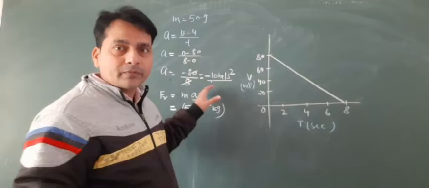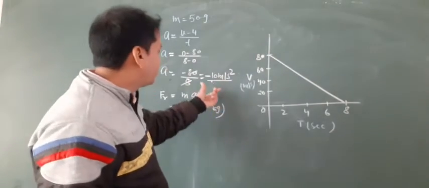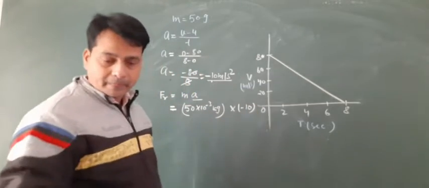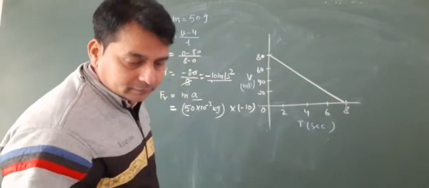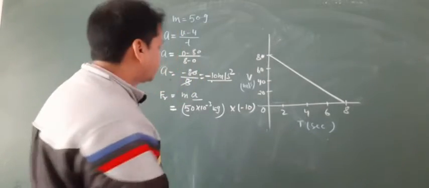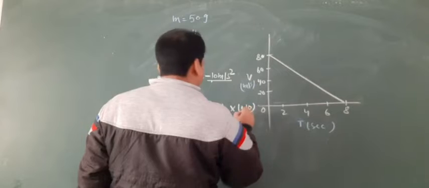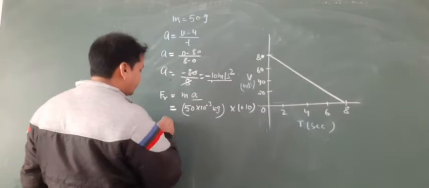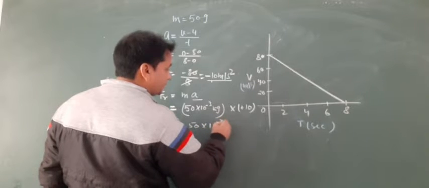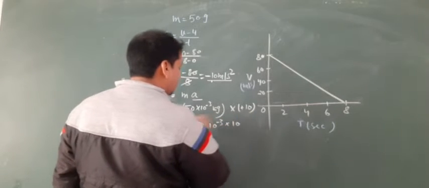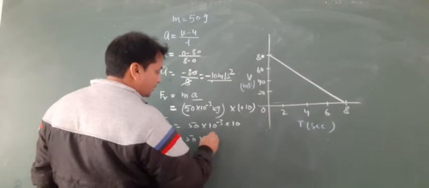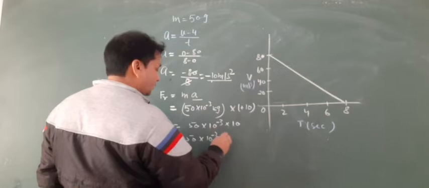So put the value of a equal to minus 10 meter per second square. Then F, the frictional force, is 50 into 10 to power minus 3 into 10, that is 50 into 10 to power minus 2 Newton.